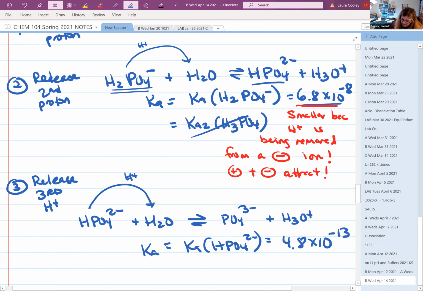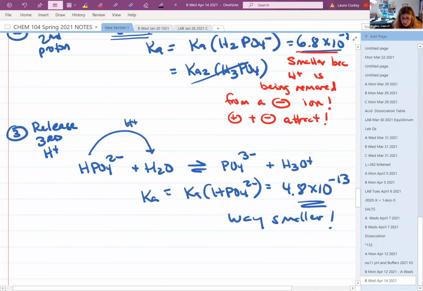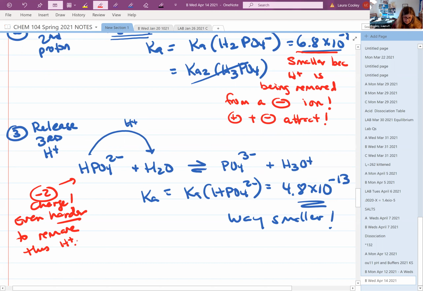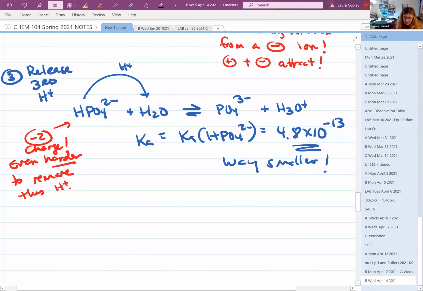This is about as small a Ka as you can get. And the reason is here, you're taking a proton away from something that has a -2 charge. So this has a -2 charge. It's even harder to remove this proton.